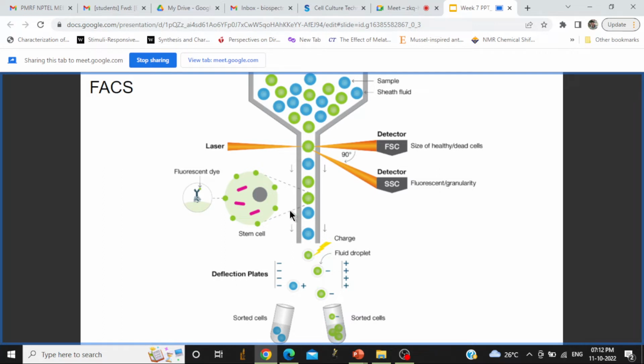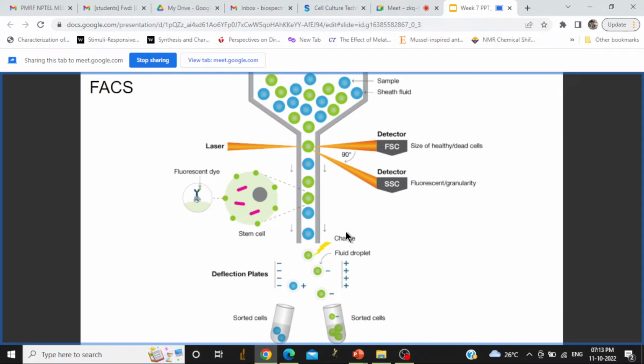And here it is also shown that there is a cell, and there is an antibody which has a fluorescent dye attached to it, so we will be able to detect it. For example, this green cell and these blue cells are two types of cells, and you want to isolate them in separate tubes.